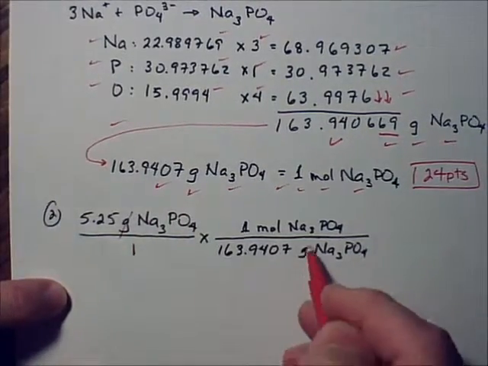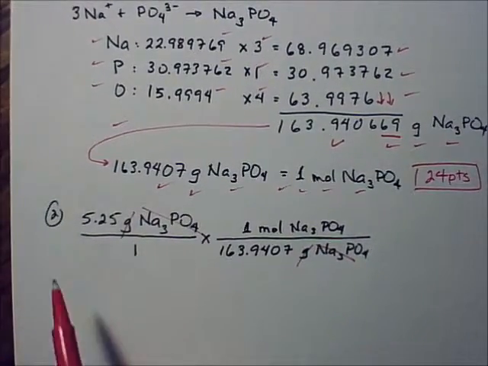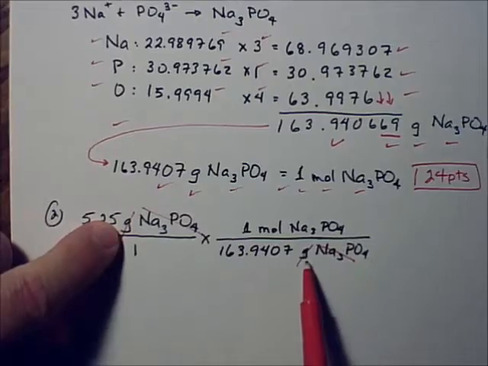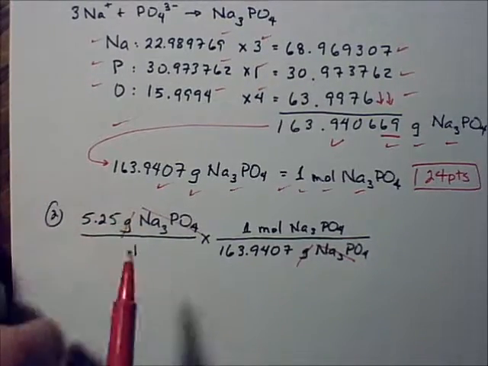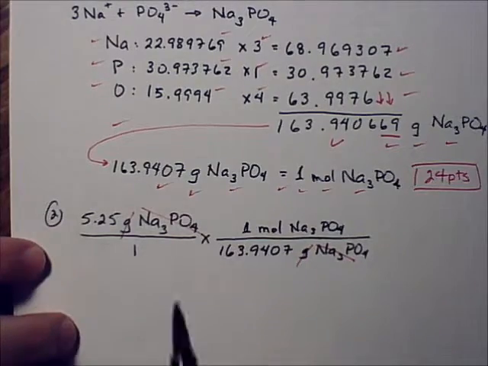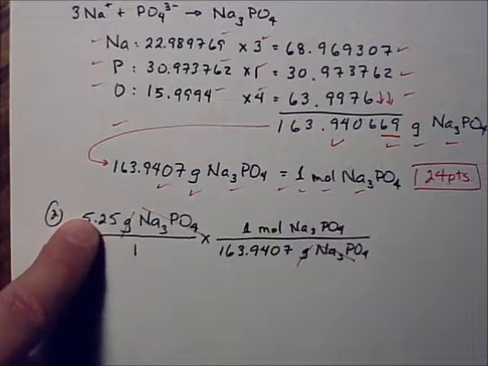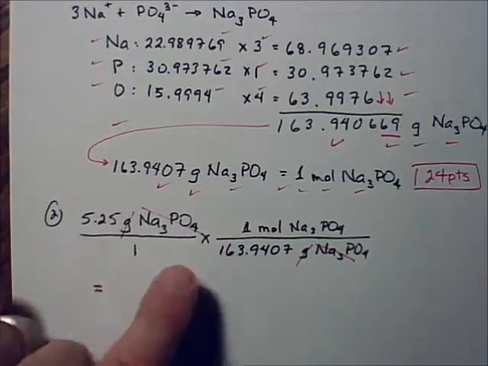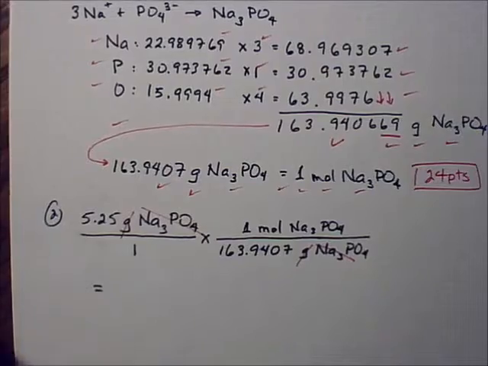Hope you got it. Alright, so we're going to cancel everything we can cancel. If it's on the top here and on the bottom here, we can cancel it. Both units and species can be canceled, just like x's and y's in algebra. And we just do the math. Multiplying by 1 or dividing by 1 just gives us the same answer, so we're going to pretty much ignore the 1s. Take this number and divide it by that number.